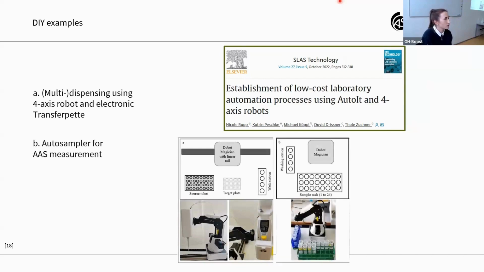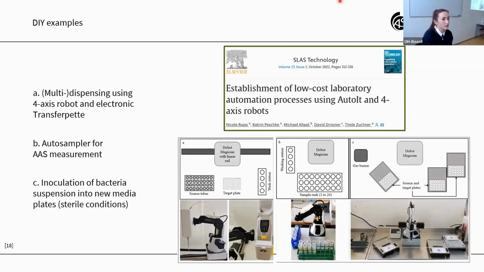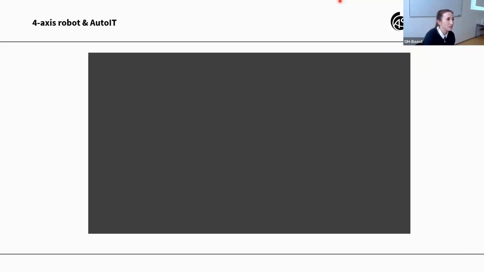We also did an autosampler for AAS measurement. And we show inoculation of bacteria suspensions, where we inoculated bacteria from one source plate into two new media plates, and this was under sterile conditions. And I have a video for you with these three applications.